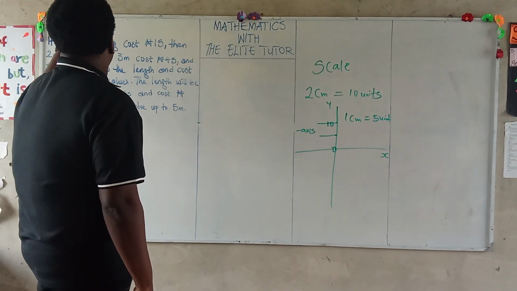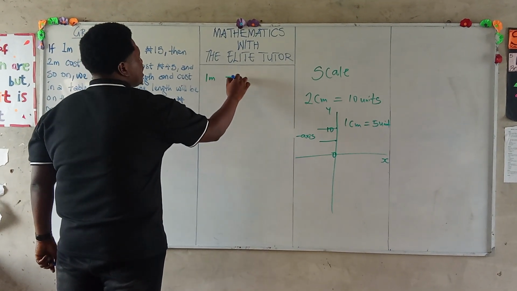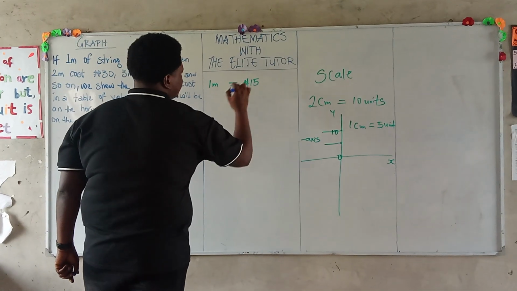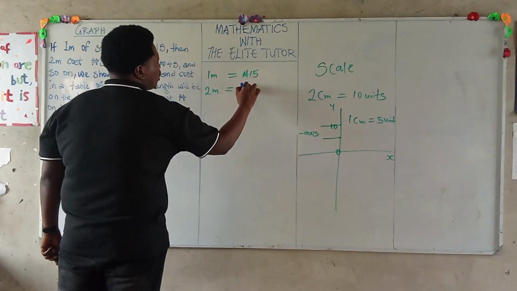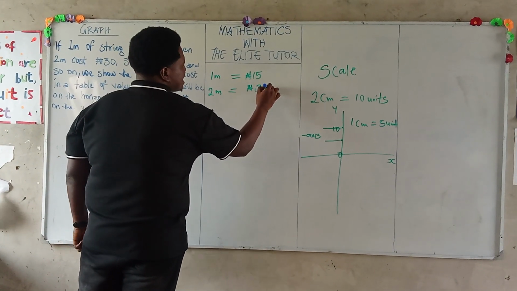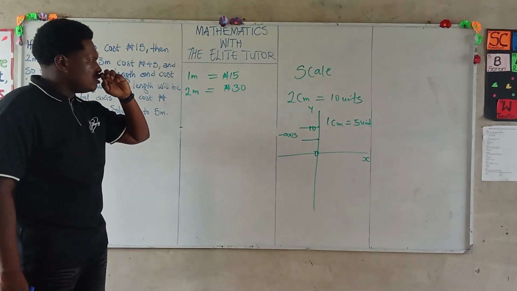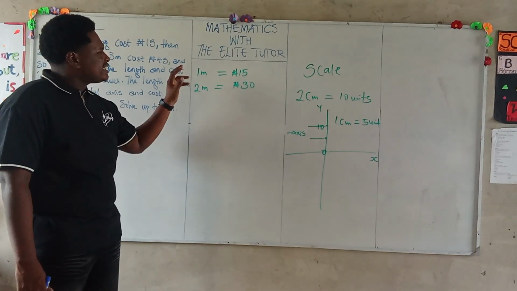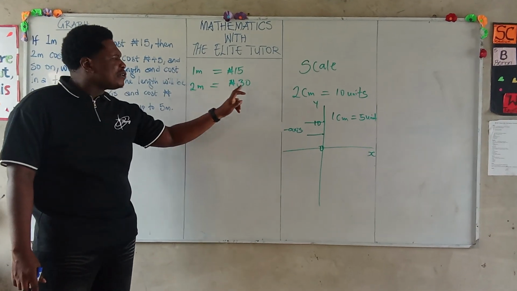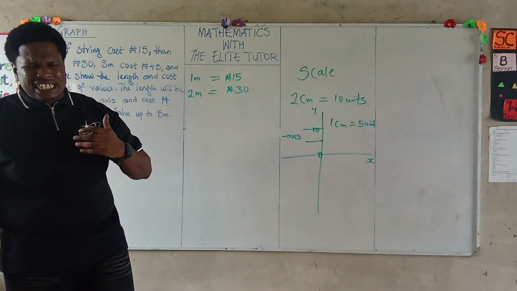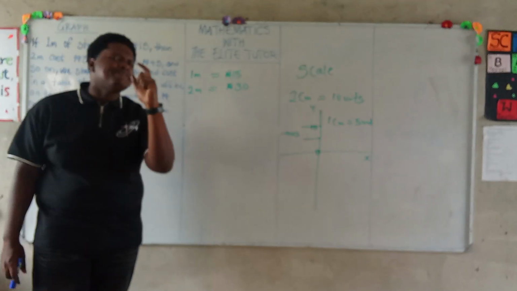So we have 1 meter of string, it's equal to 15 naira. We have 2 meter, it's equal to 30 naira. Even without giving you any other value, we can see that this is increasing by 15.